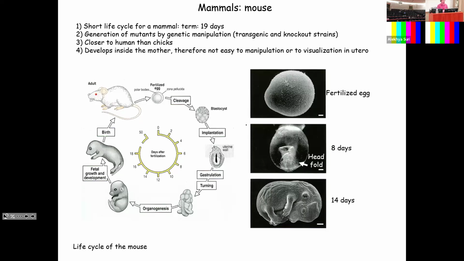You can make conditional knockouts. For example, in our lab, we make conditional knockouts in which we replace a serine that can be phosphorylated. We change it to a glutamic acid. Glutamic acid has a negative charge and creates something similar to phosphorylation, but all the time.